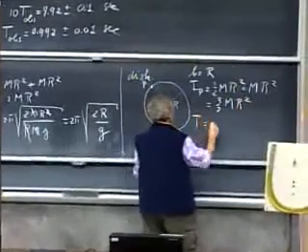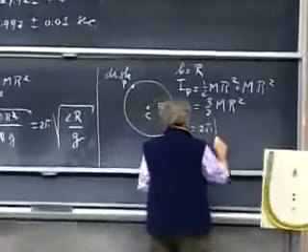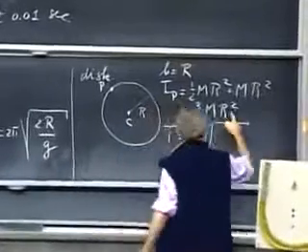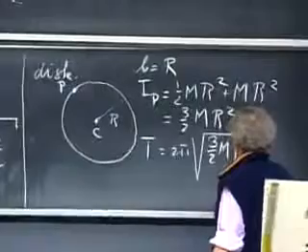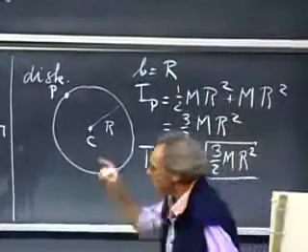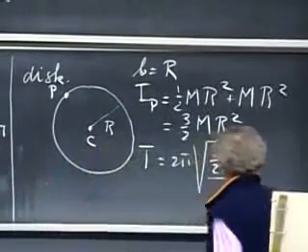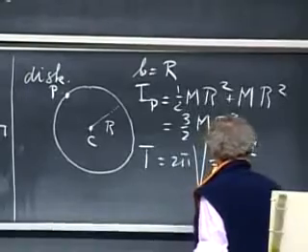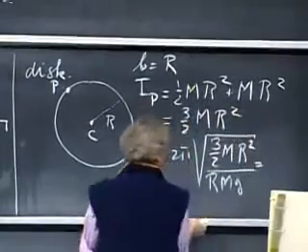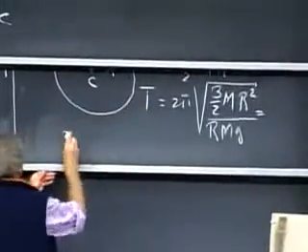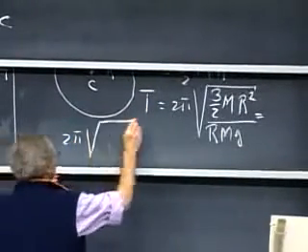So what is the period of oscillation? 2 pi times the square root of 3/2 mr squared divided by bmg. B is R, R, m, g, and that equals 2 pi times the square root.